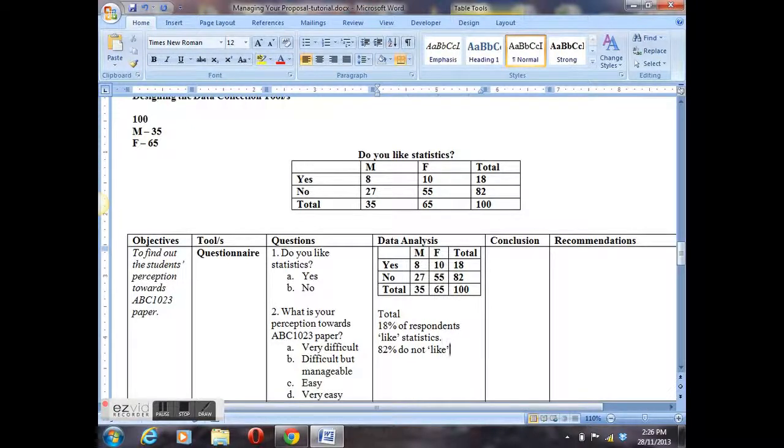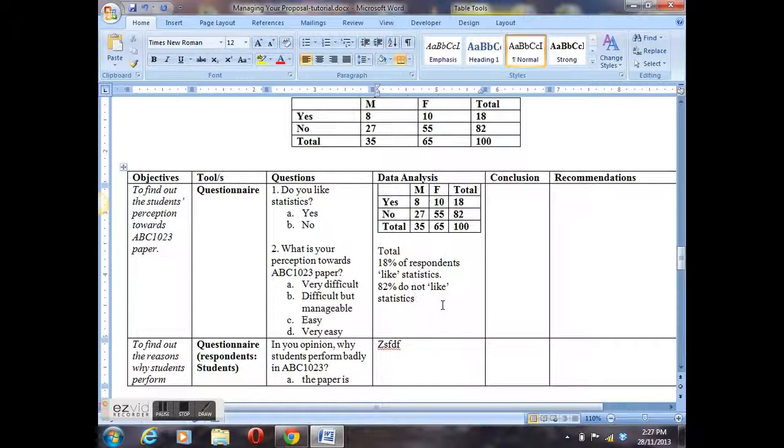It is not the like button you click on Facebook. So this is the overall, male plus female.